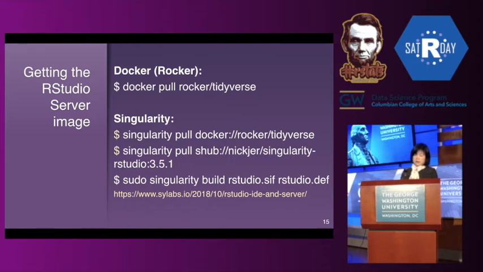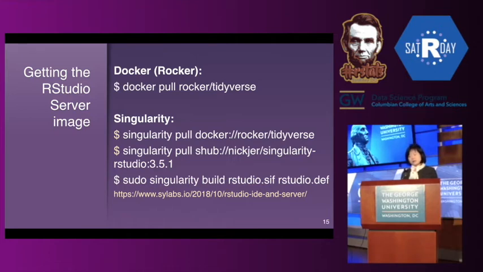And also, you can build your own Singularity image using the Singularity definition file. In this case, you do have to have root privilege to do this. But there are two other solutions. You can also use a VM where you can be root to build the image, and since it's one file, you can copy it out and use it on the system that you're interested in running it on.